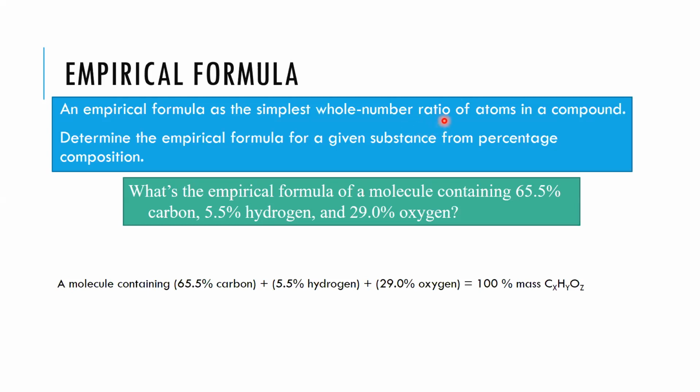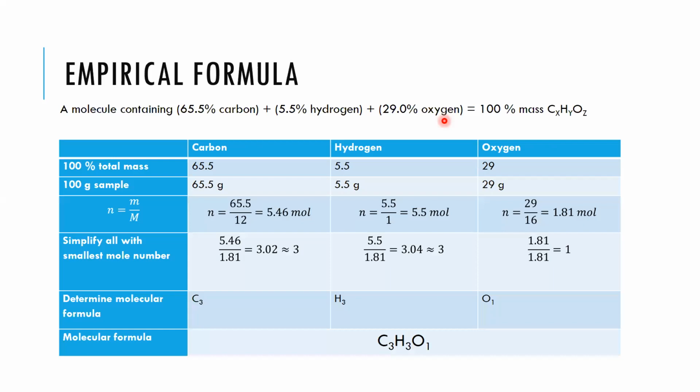So how do we do this? I did it in the form of a table to make it easier to understand, okay? If you look at this table, you know that this table is in the Google Classroom. I shared these slides, so you can look at them when you are watching this video. When we talk about 100% total mass, how many percent of carbon do we have? 65.5, given in the question. 5.5% hydrogen, 29% oxygen.